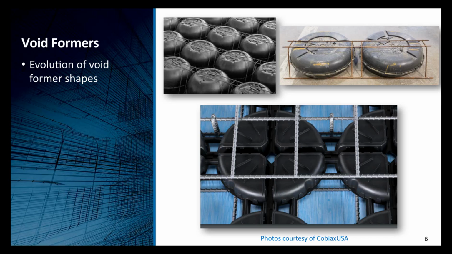So people like to make the analogy that a voided flat slab is similar to a waffle slab, and it is in the sense that it removes concrete where you don't need it.